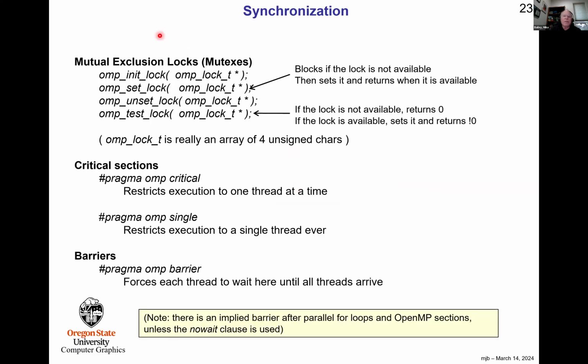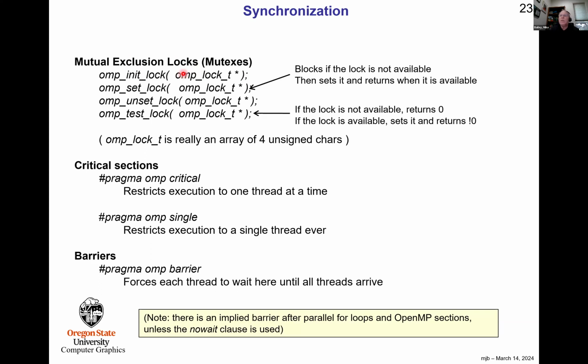Synchronization. If you are trying to make sure threads don't interfere with each other, there's a number of ways of doing that, but the typical one we use the most is called mutexes, mutual exclusion locks. Okay. And what we do is we initialize the lock. And so there's a variable type called omp_lock_t, T for type. And we initialize it.